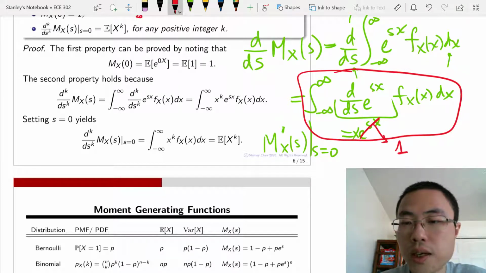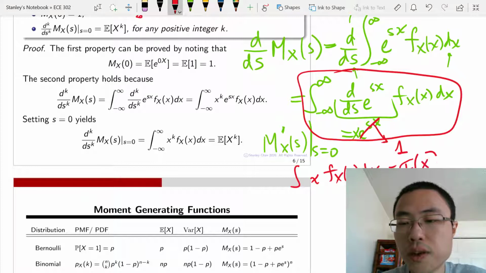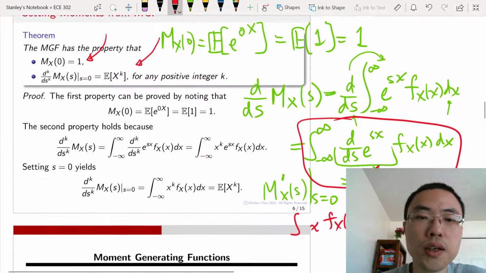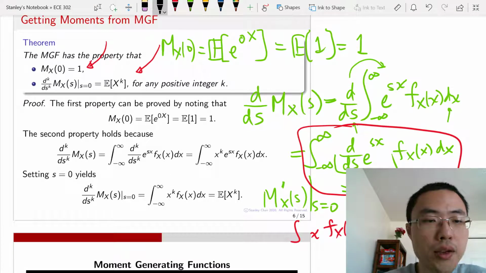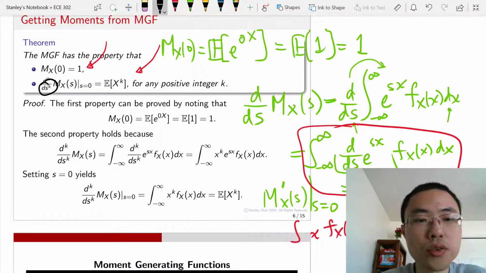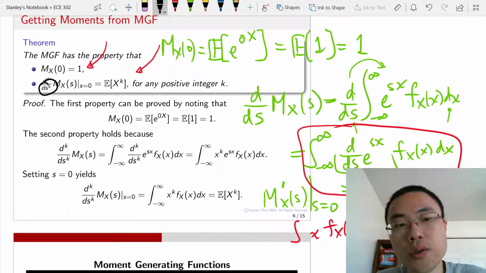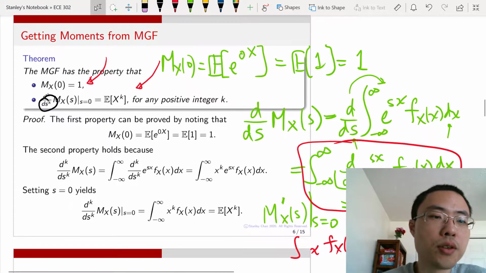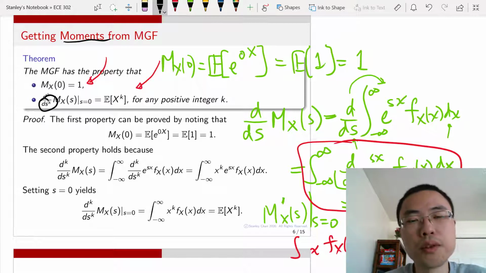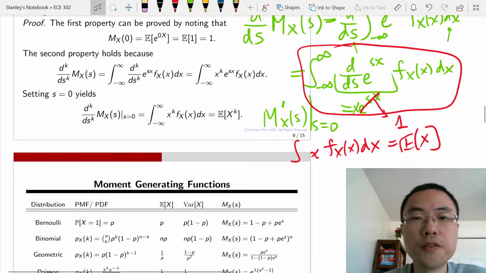You will have this integration of x times f_X of x dx, and this is essentially the expectation of X. Okay, and so now if you go to any other higher order derivatives with respect to s, then you can show that it will give you the higher order moments. And that's why this function is called the moment generating function, because you can really get the moments from taking the derivative of the function.